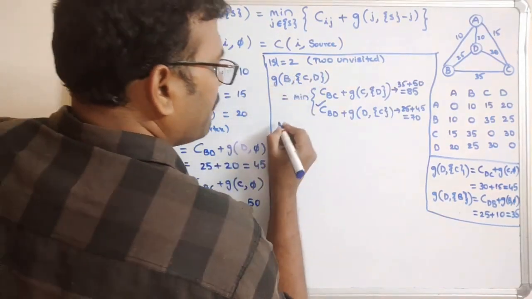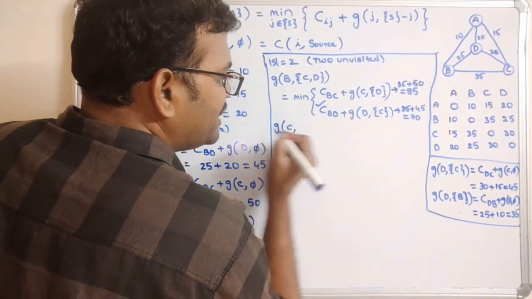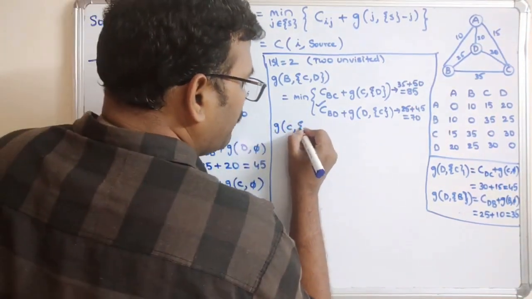Now again G of, if C is the source, what are the remaining elements?